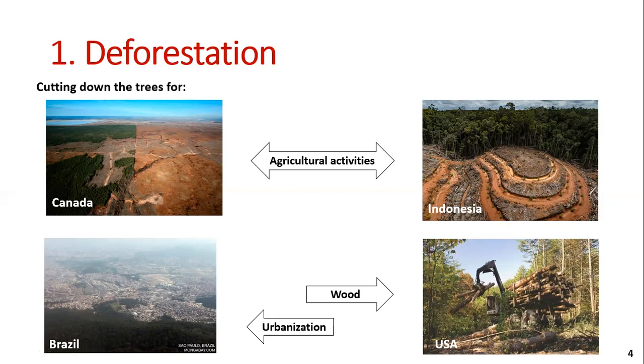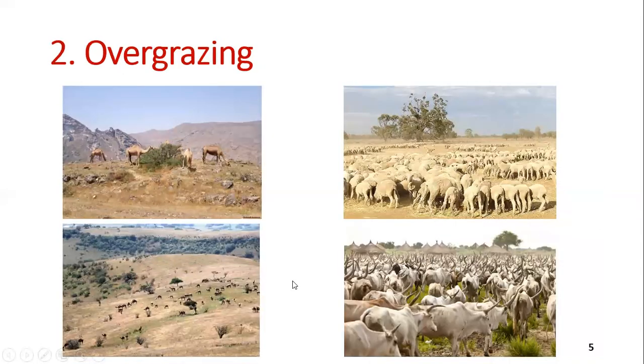This is very clear when the population is growing very high, there is a need to produce more food. There is also a need for other purposes like wood production, which can be used for fuel or for other uses, and also expansion in cities due to the increase in the population, and that's basically what is called urbanization.